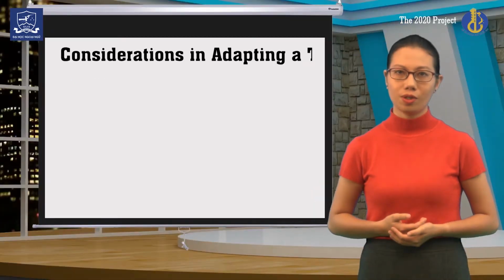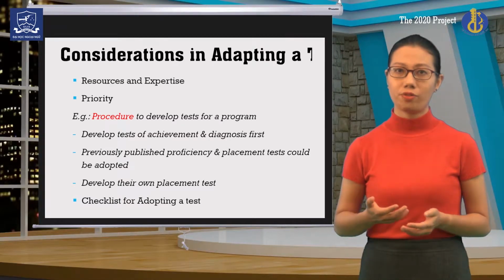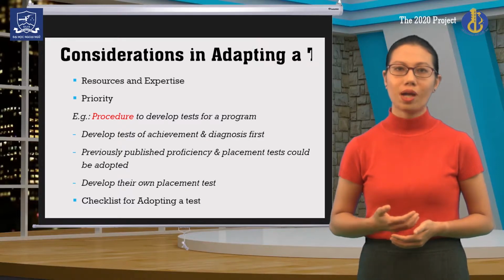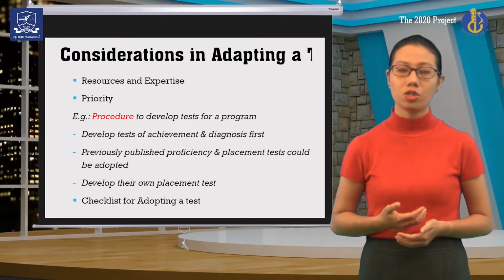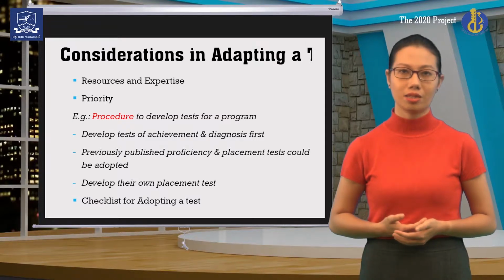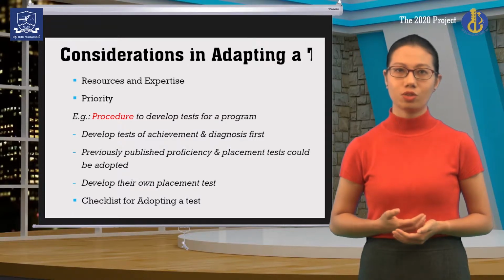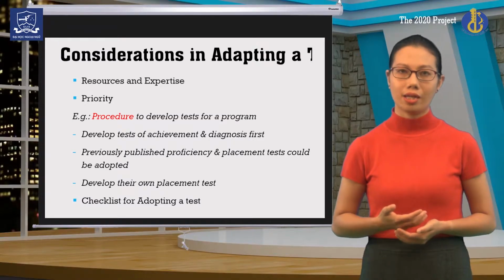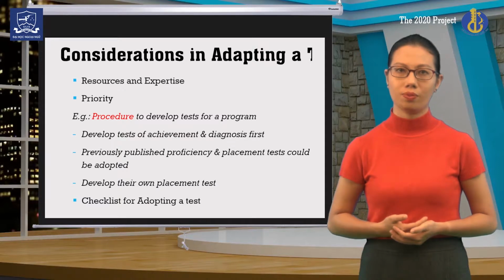In an ideal situation, teachers will have enough resources and expertise available in their program so that proficiency, placement, achievement, and diagnostic tests can be developed and fitted to the goals of the program and to the ability levels and needs of the students enrolled there.